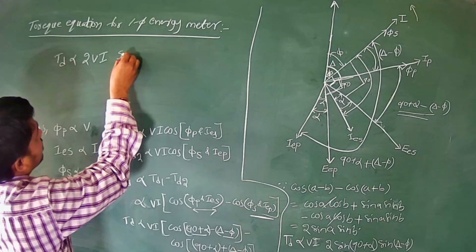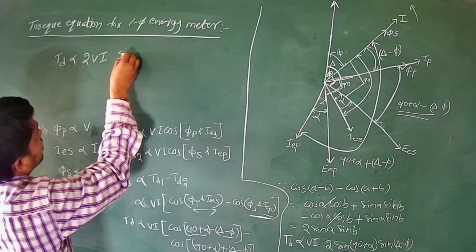Now, if delta equals 90 degrees, that means the angle between the supply voltage or load voltage and the pressure coil current is 90 degrees. Then TD is proportional to VI sin 90 minus phi.